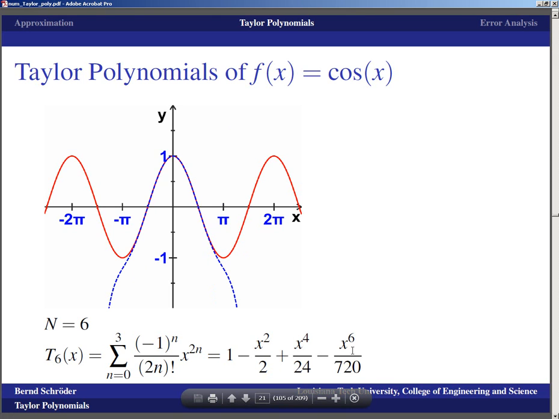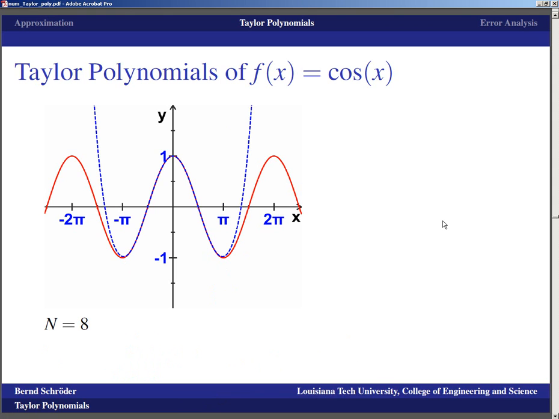You can also see how these polynomials get more and more complicated, but we get a better approximation again. And so now if we don't write those polynomials down anymore and just record the order, we can see that as the order of the Taylor polynomial increases, we get a better and better approximation of the cosine function on longer and longer intervals. And that is the idea behind Taylor polynomials. That is the idea behind numerical approximation.